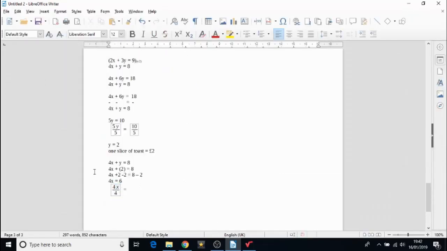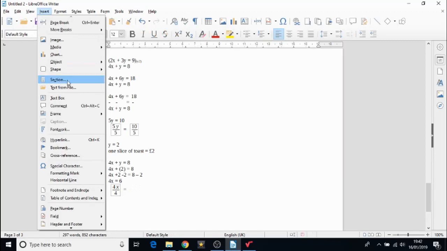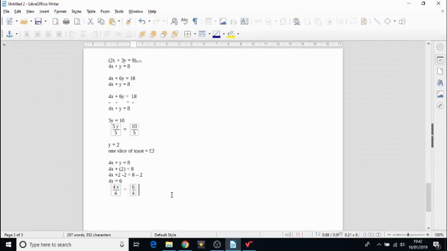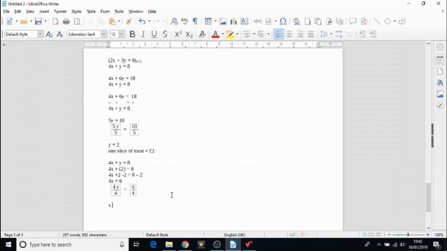So 4x divided by 4 is equal to 6 divided by 4. Therefore, x is equal to 1.5.